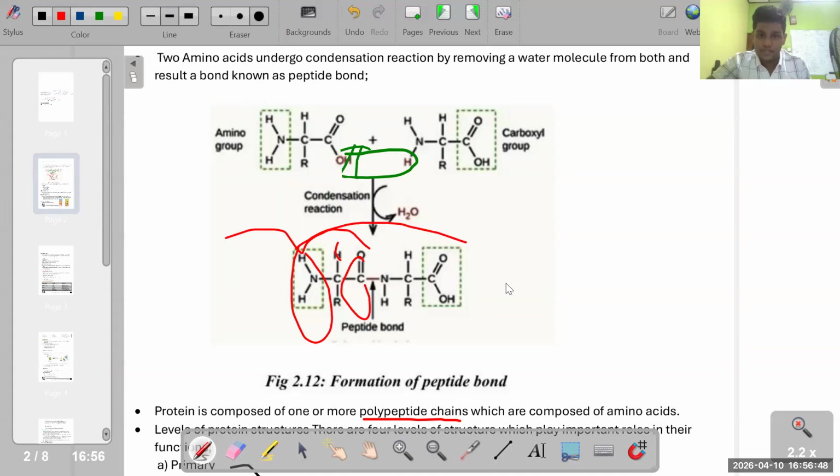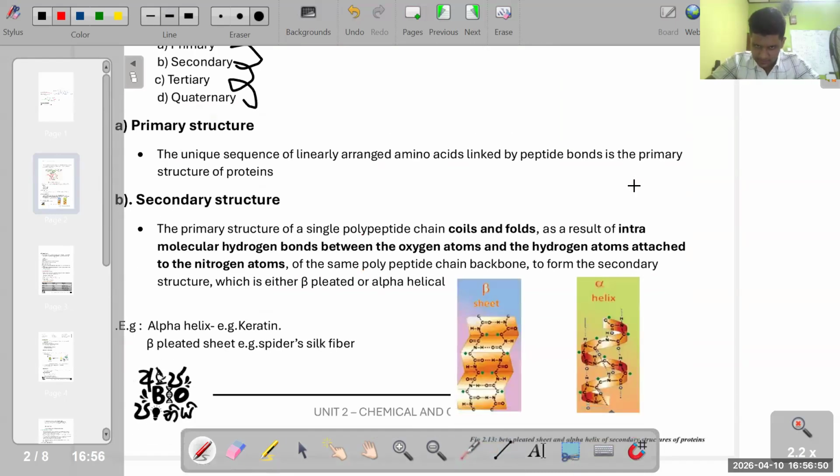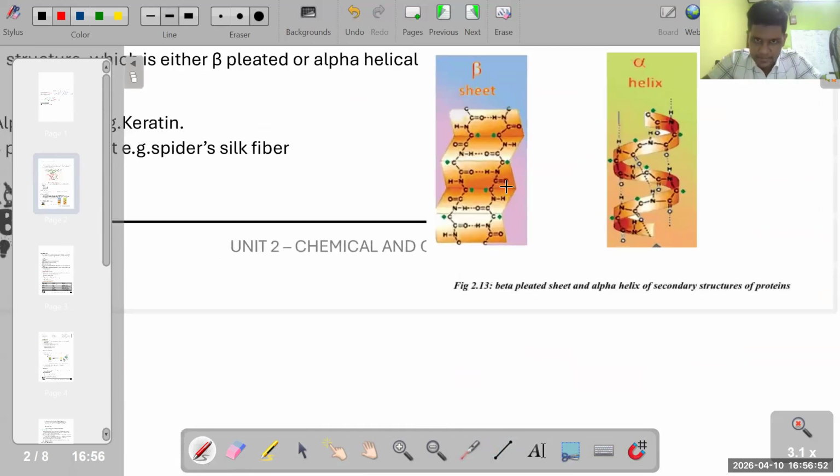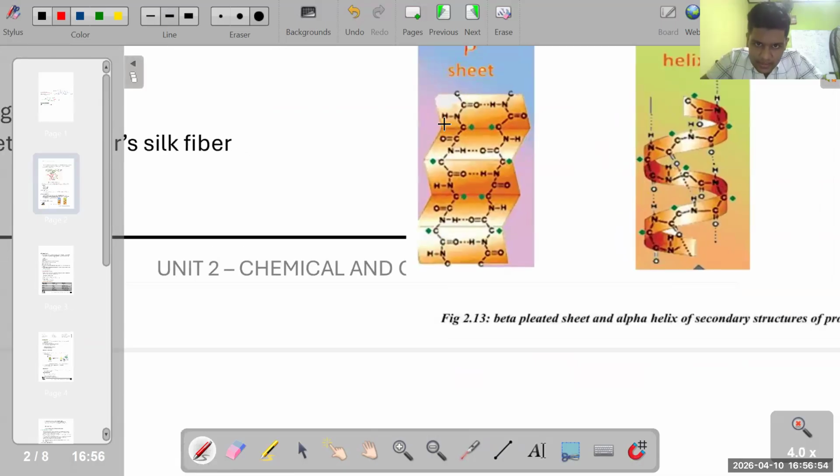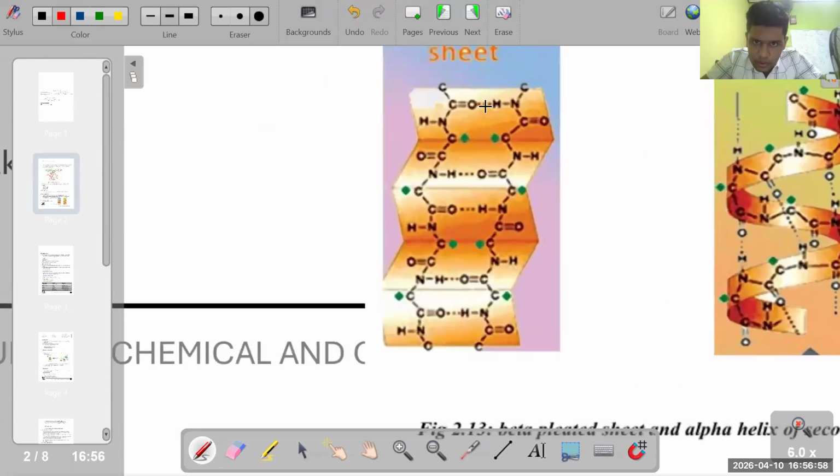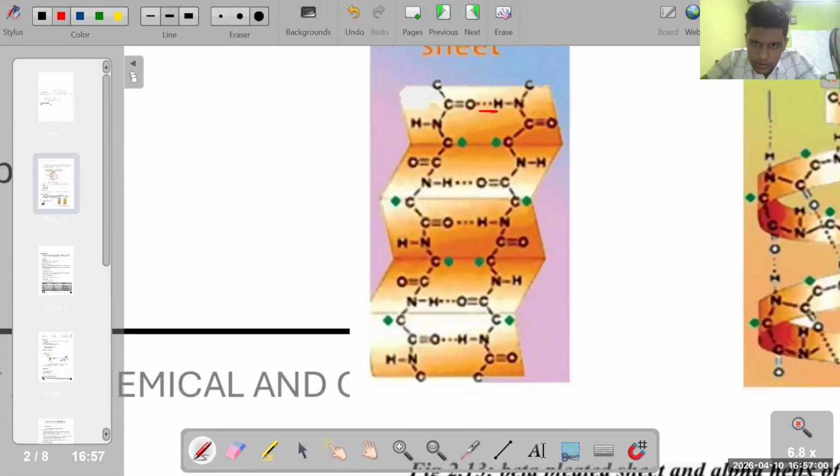If you see this diagram, this is one amino acid and this is another amino acid. The hydrogen bond, the dotted bond, is formed between two amino acids. But both of them have the same backbone. Is that clear?